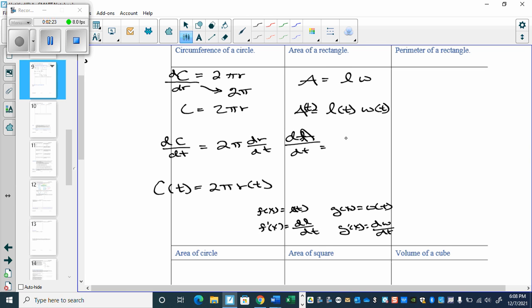Now, the product rule says W dL dt plus L dW dt. Perimeter of a rectangle would be 2L plus 2W. I'm going to get the derivative here, so dP with respect to time equals 2 dL dt plus 2 dW dt.